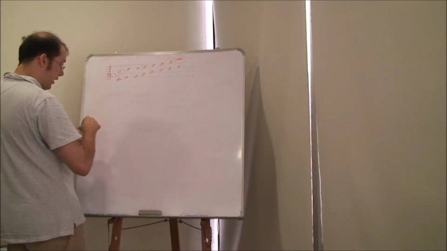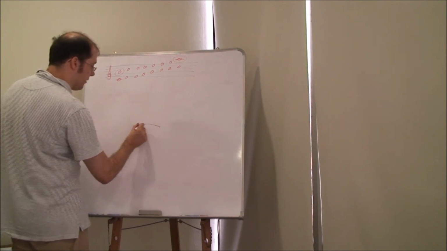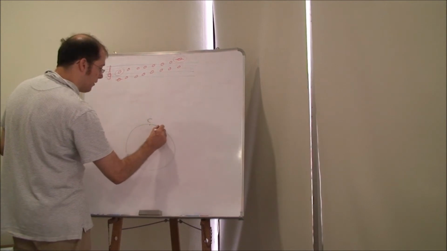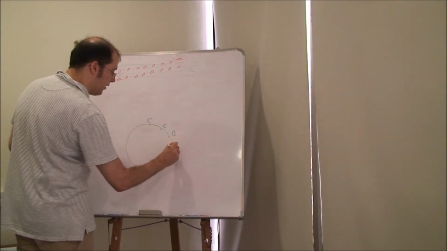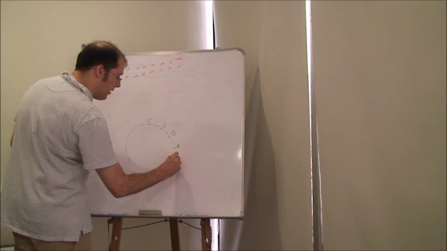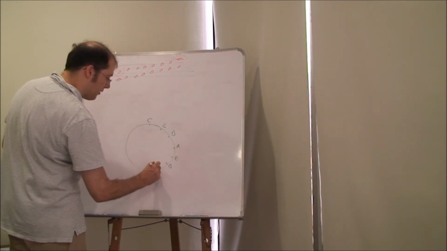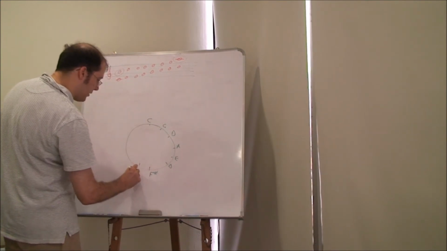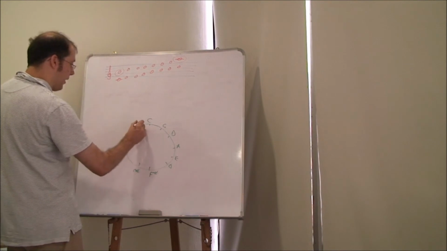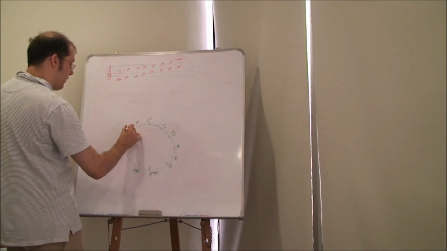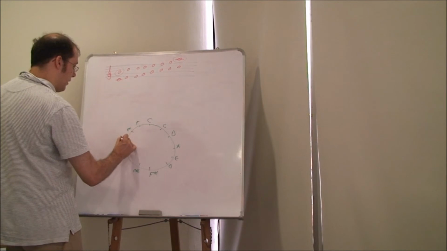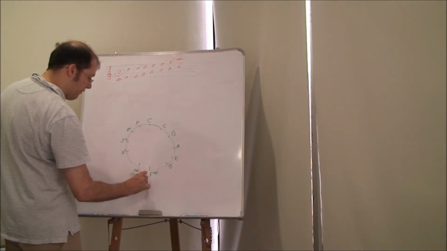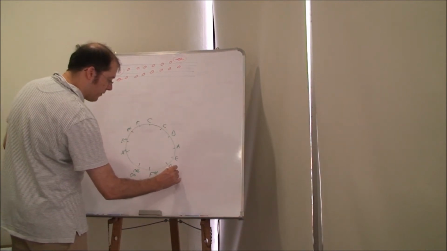So each key, if we go back to our circle of fifths here, C, G, D, A, E, B, somewhere over here F sharp, C sharp, and F, B flat, E flat, A flat, D flat, G flat, C flat.